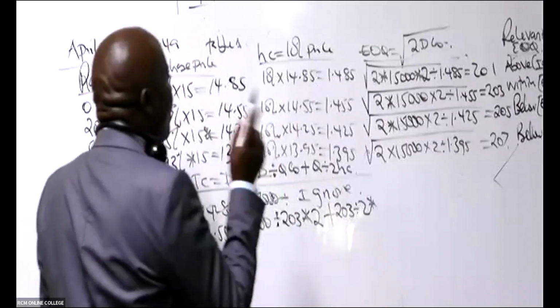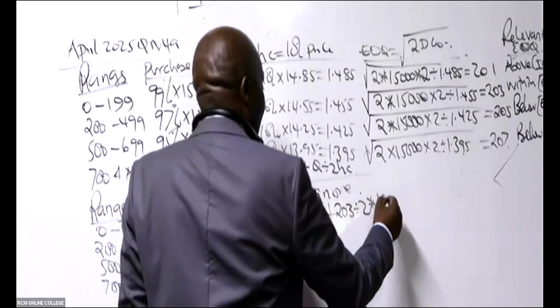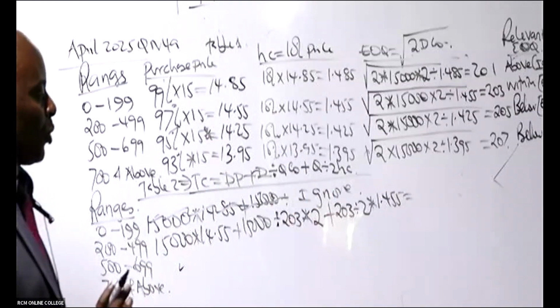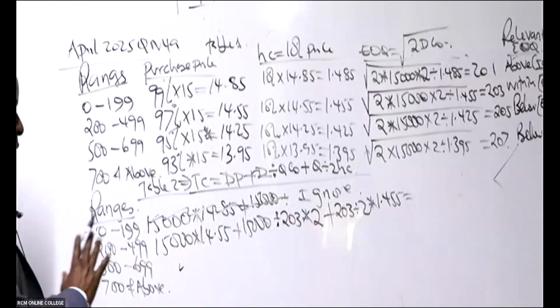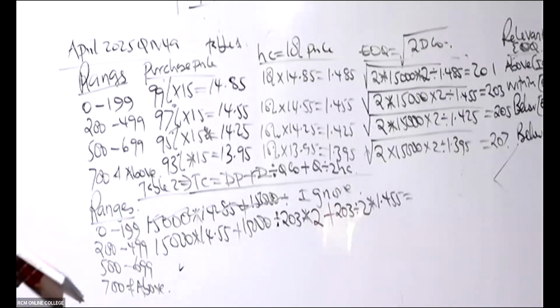HC for the second class, remember, it's 1 point what here, somebody? 1.455. So go slowly. Don't put brackets anywhere. Just calculate it slowly. Give me the total cost figure. Just move slowly there. We are helping you with this.